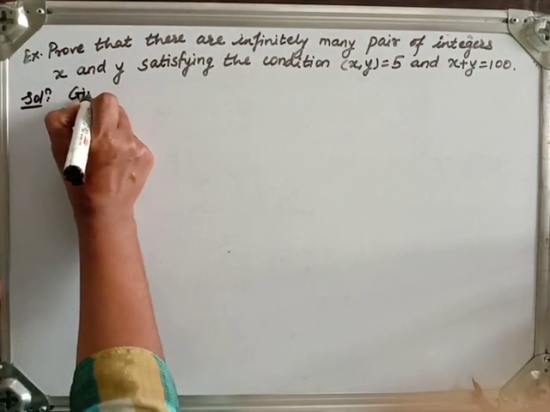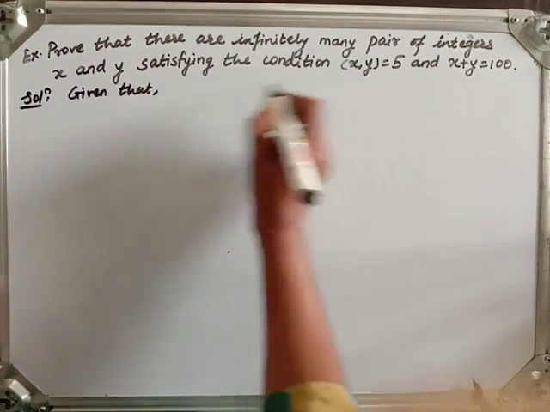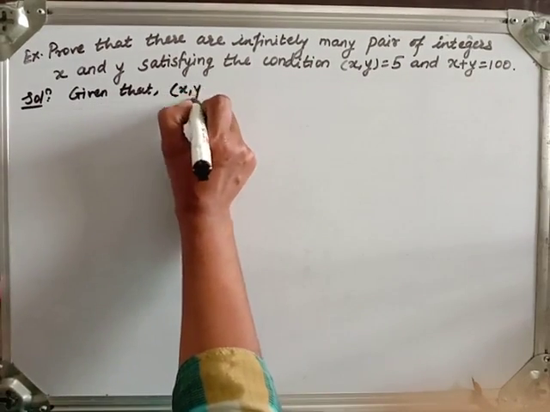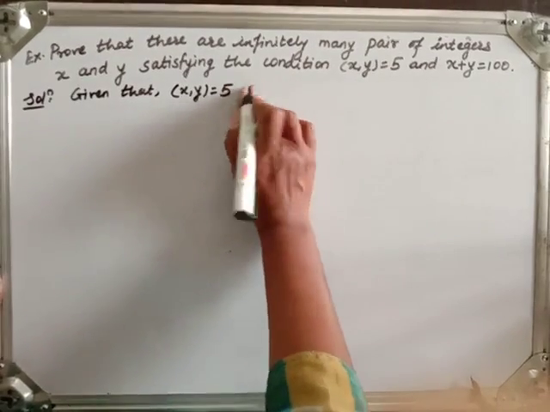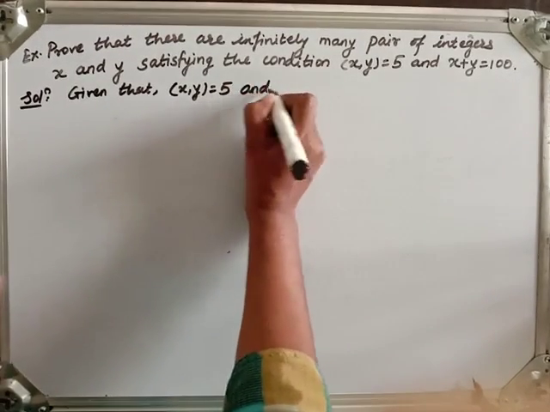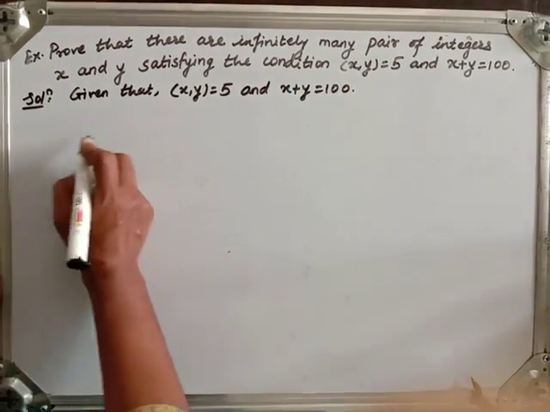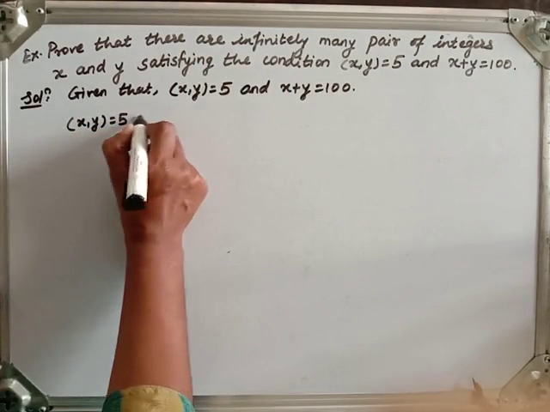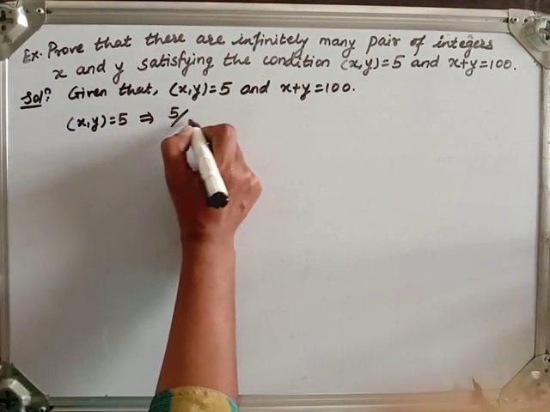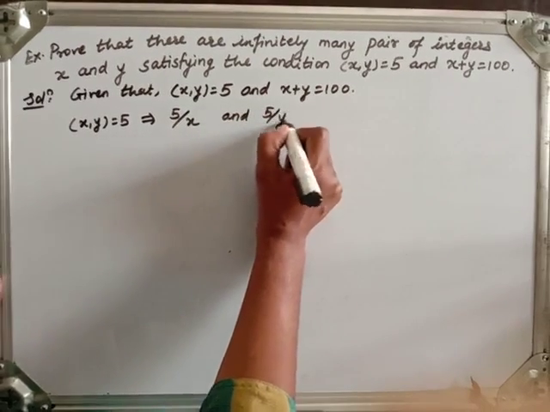Now the solution of this one. Given that the GCD of x and y is 5 and x plus y is equal to 100. This is given to us. Now GCD of x and y is 5, so this implies 5 divides x and 5 divides y.